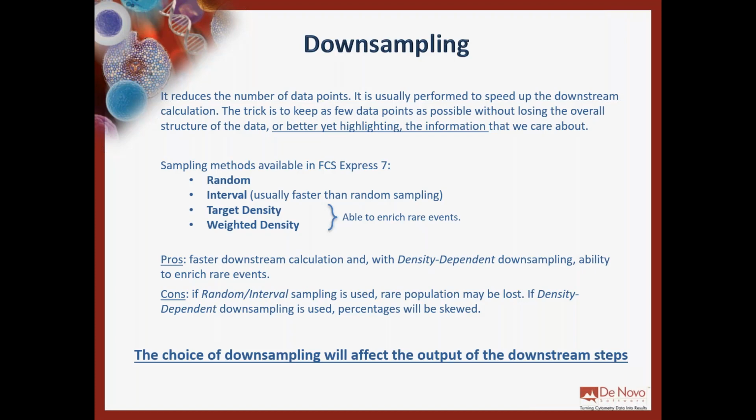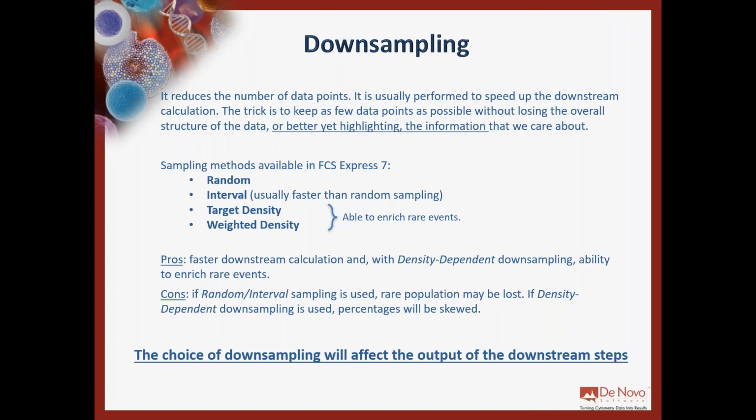So if we go back to the example of the 100 cells and you want to sample 10, interval sampling will sample cell number 1, 11, 21, 31, 41. Usually you use interval sampling and not random sampling because it's faster. Now you might say, how much faster can interval sampling be? Well, if you're dealing with 10 million data points, even if you can save like 30 seconds, it's a good point, right?